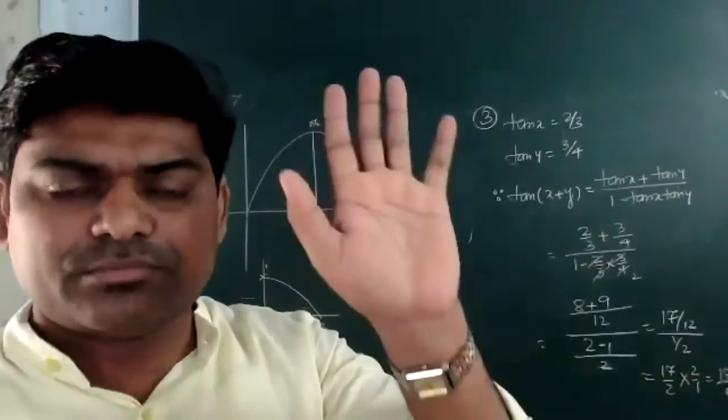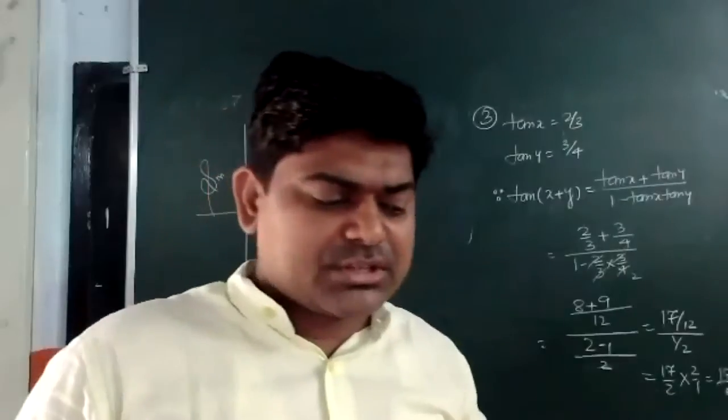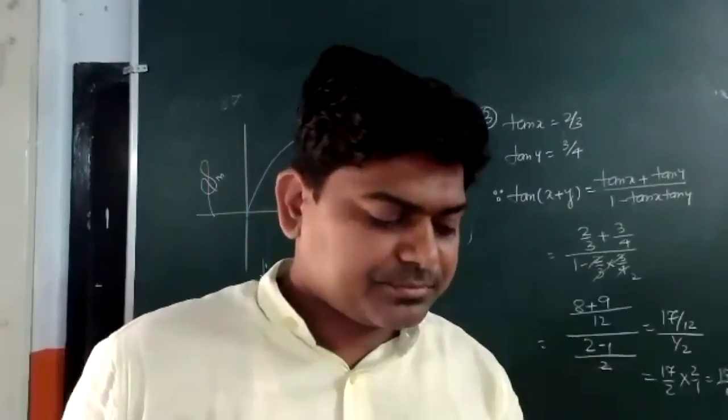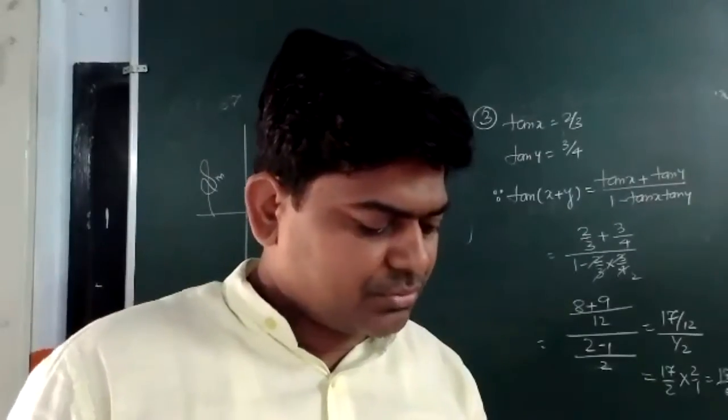Now the question has come, sir, what is the use of these things? You can see your question number 5, which I want to discuss with the help of this.